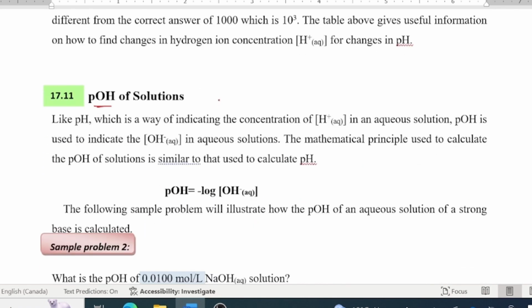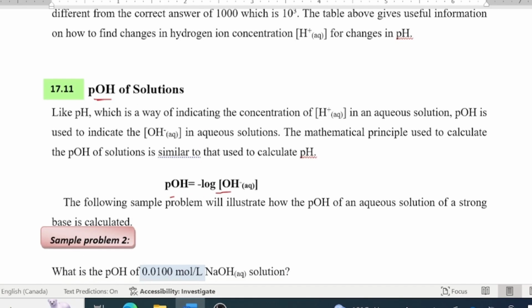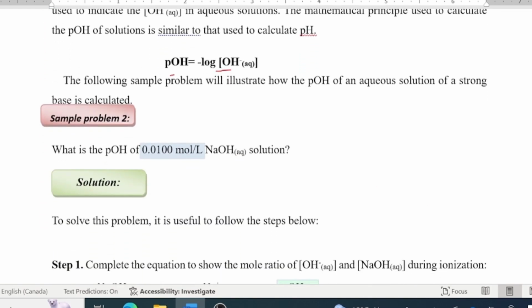pH was the negative log of H plus, pOH is the negative log of the OH ion concentration, okay? Again, they ask you to find the pOH of some things. How do you find the pOH of this solution here? Again, you do ionization to see the mole ratio of the OH to the parent molecule that's produced.